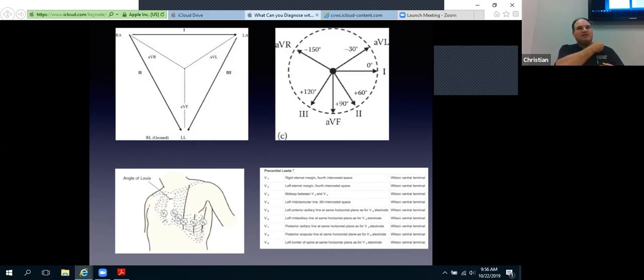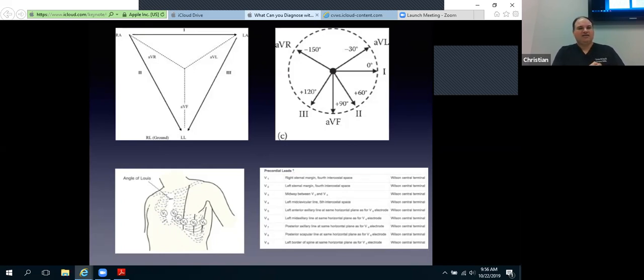V4 is placed along the mid-clavicular line. In almost every human that you can conceive of, the mid-clavicular line lies medial to the nipple. So it comes down, and you should be on the medial side of the nipple, but beneath it, in the fifth intercostal space.